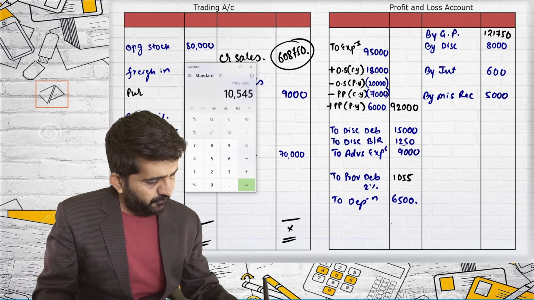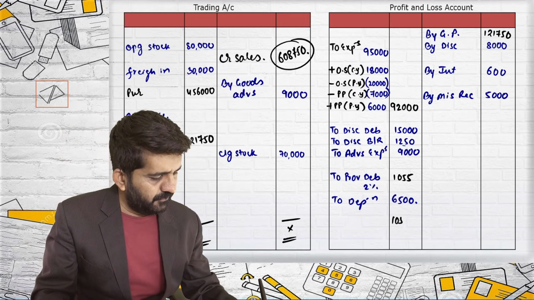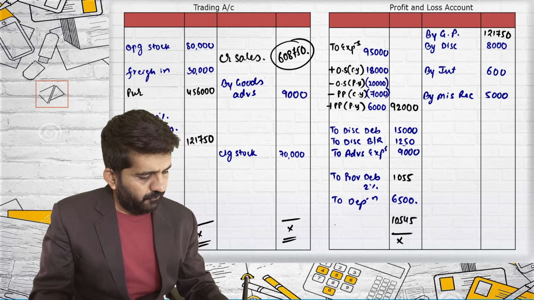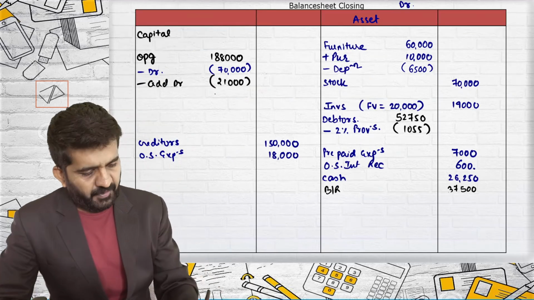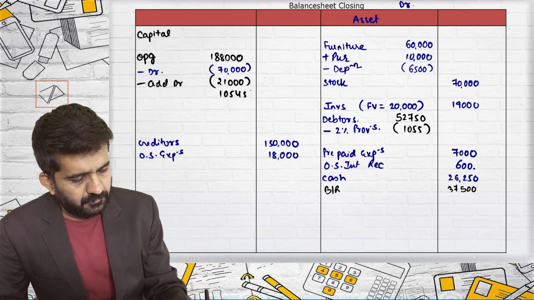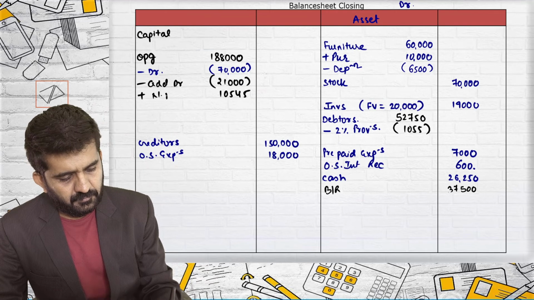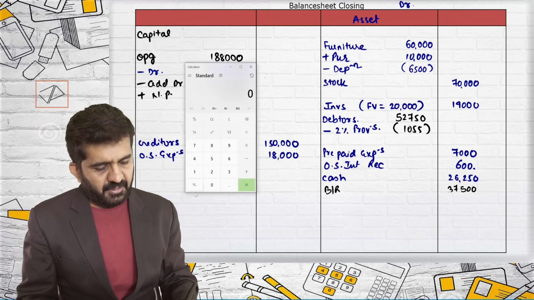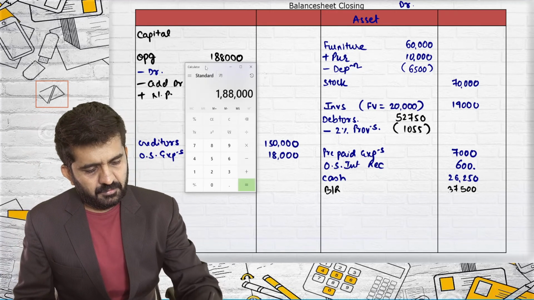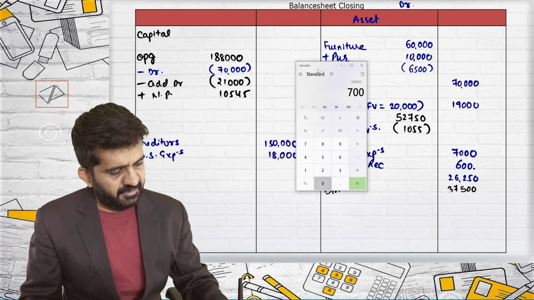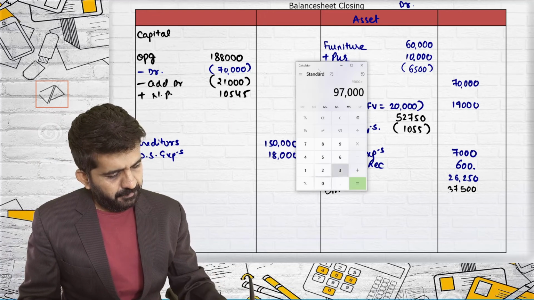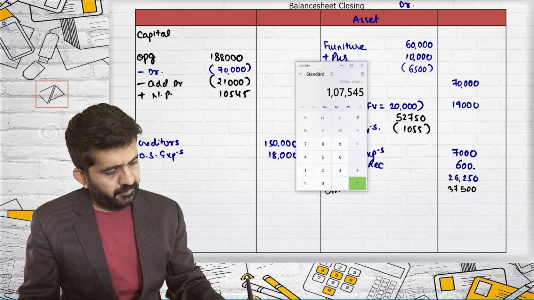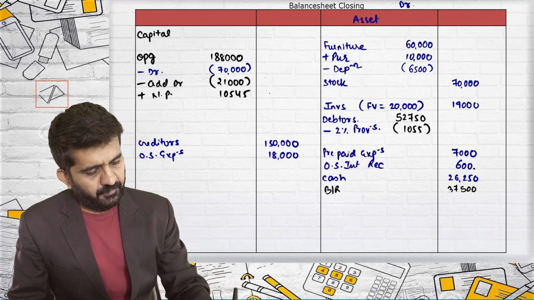It is 10,545. 10,545 will be my NP, will be added to capital. I will be getting capital account as 1,88,000 minus 70,000 minus 21,000 plus 10545. It is 1,07,545.